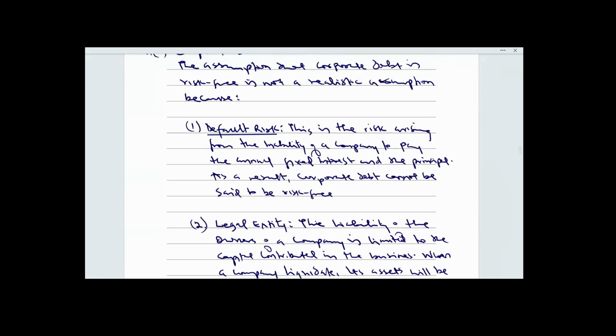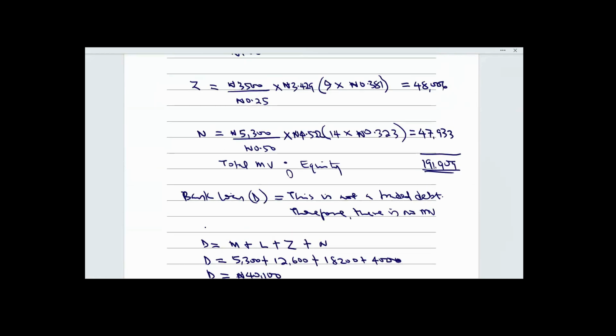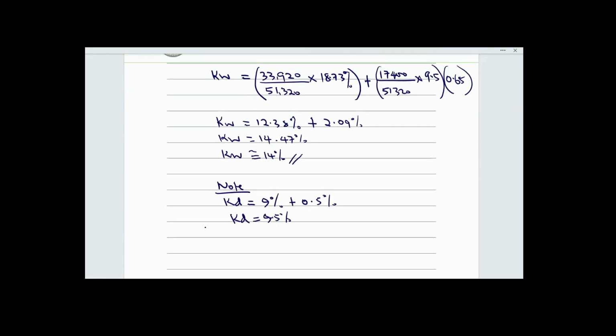Is it not the same thing as 2.09 under WACC? Yes, 2.09. That one has not changed.